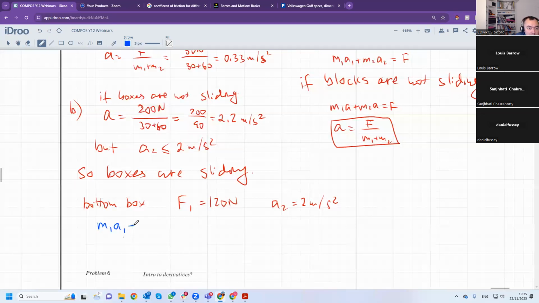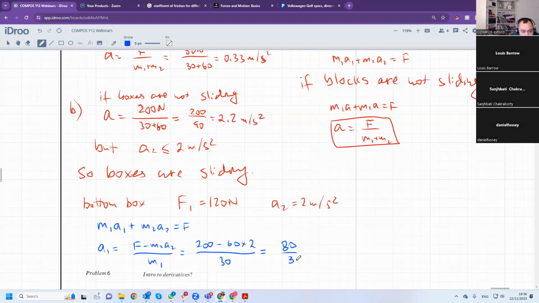M1A1 plus M2A2 equals F. Therefore A1 is equal to F minus M2A2, divided by M1, which is 200 minus 60 times 2, divided by 30, which is 80 over 30, 2.7 meters per second squared.